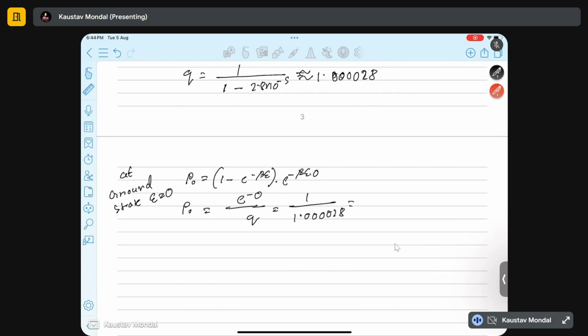So if we calculate 1 divided by 1.004028, it gives 0.9994972.